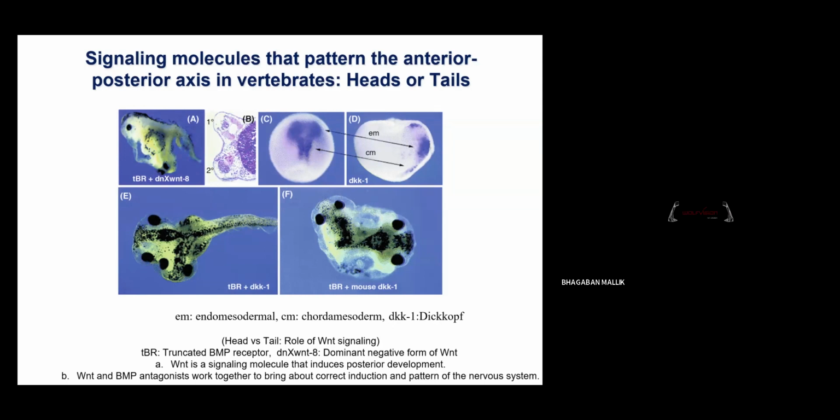And here you are putting in an inactivated form, like a dominant negative form or the mutated form of the BMP receptor. So that cannot define the posterior development. That means you have more specification or more development in the anterior portion. That's why you have development of two heads in the Xenopus embryo. Okay, any questions?